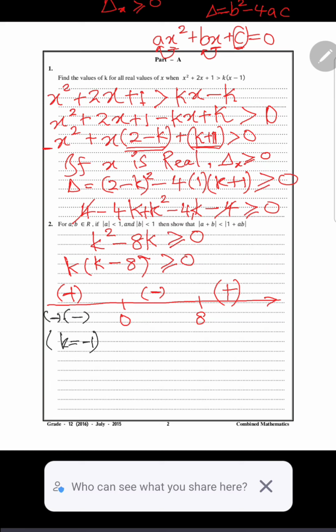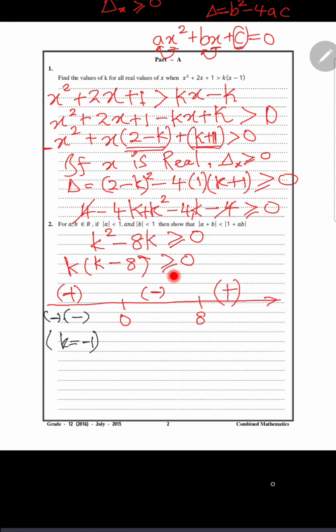Okay, done. Now this inequality represents the value of k into k minus 8 being greater than or equal to 0. Greater than 0 is positive. So what are the ranges that give us positive? These are those ranges.